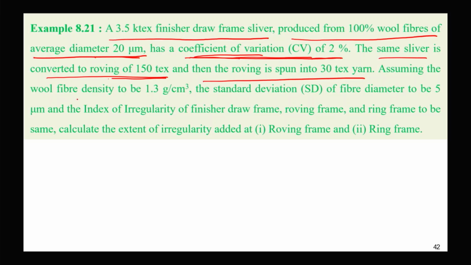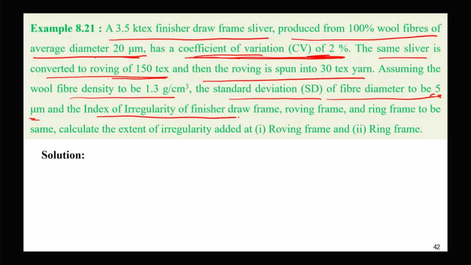Assuming the wool fiber density is 1.3 gram per cc and the standard deviation of fiber diameter to be 5 micron. The 2% is the CV of mass. The standard deviation of diameter is given, and the index of irregularity of finisher draw frame sliver, roving frame and ring frame is to be the same.